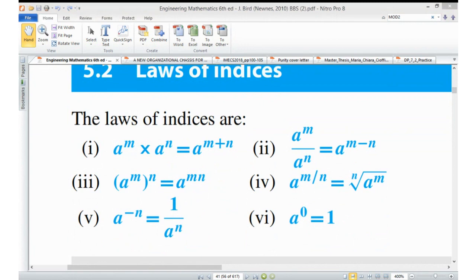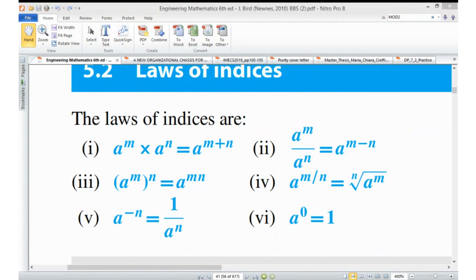So we get rid of the fraction and the negative. The negative exchanges with the fraction.